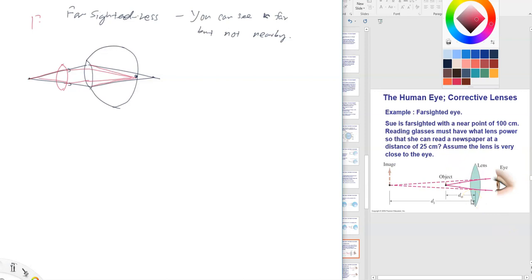Okay, so let's try an example. How do we do this? Alright, don't look at the diagram yet. Now let's see what the issue is here. So let me clear this one more time. Sue is farsighted with a near point of 100 centimeters. So here's the person's eye, and ideally the near point should be 25 centimeters, right?